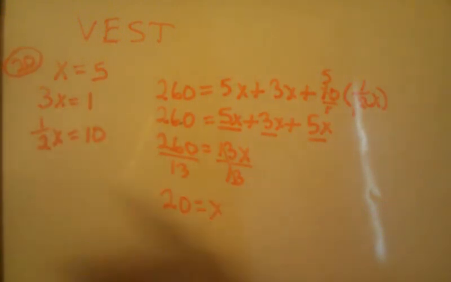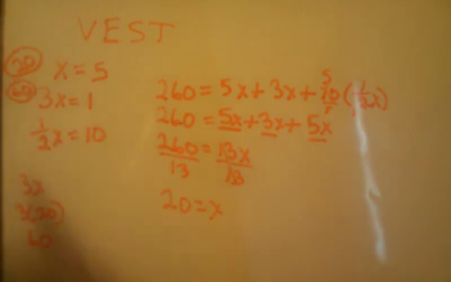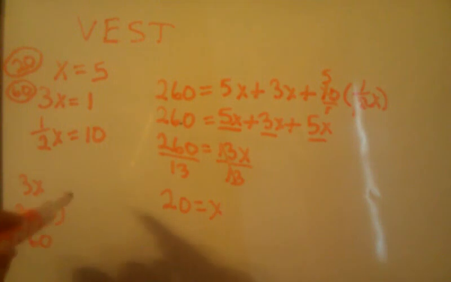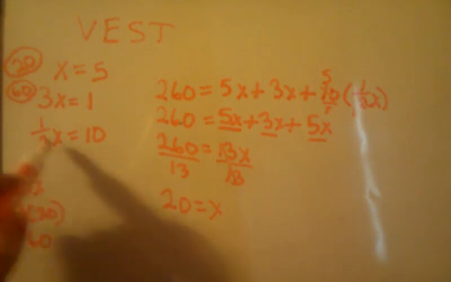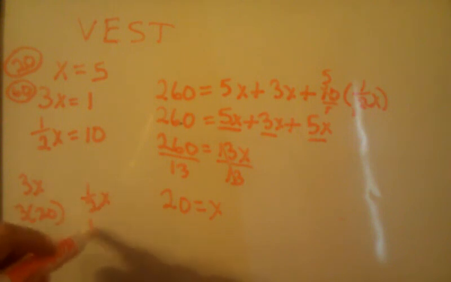So how many dollar bills do I have? 3X is 3 times 20 is 60. So I have 60 $1 bills. I must be going to have a yard sale. Okay, and it says half X. 10s is half X. Half of 20.